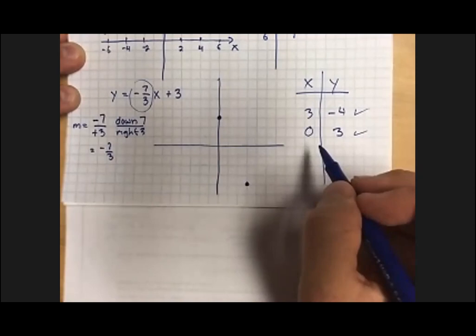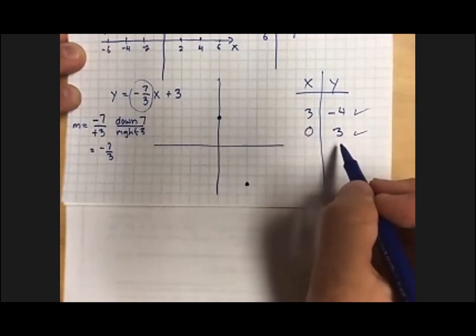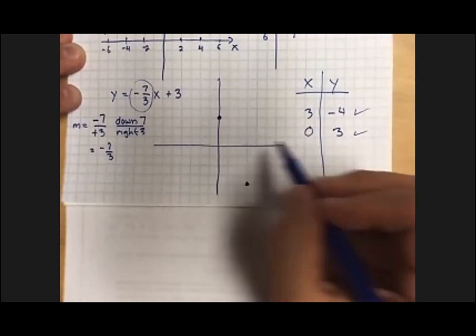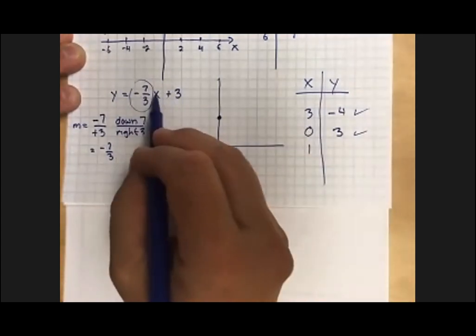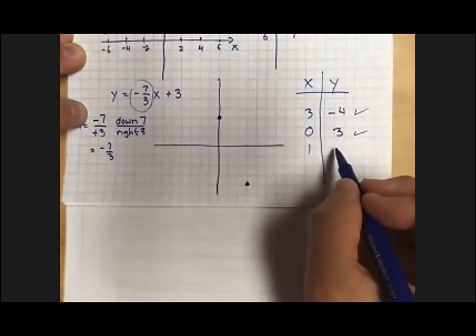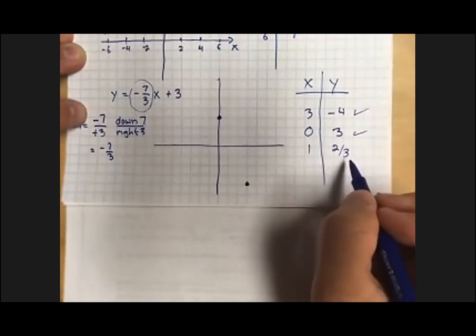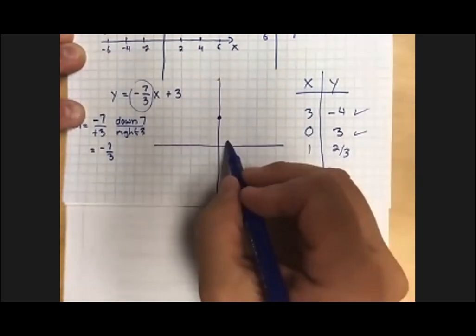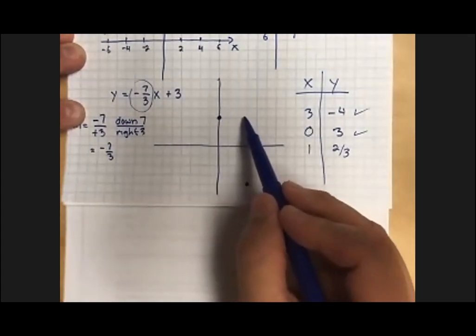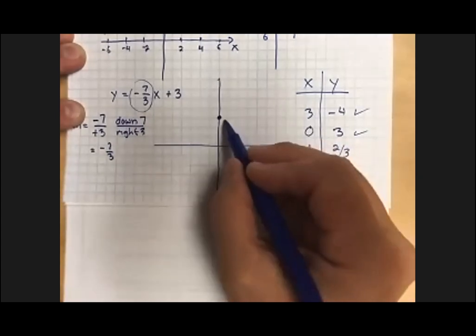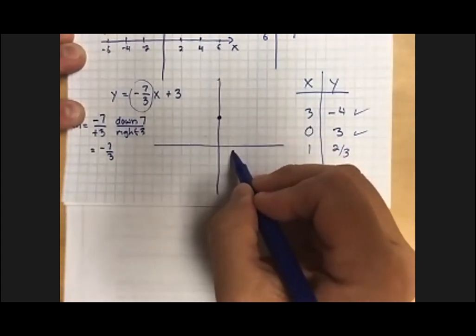Yeah, but now I don't want to plug in numbers like 1 and try to figure out what 3 minus 7/3 is. I mean, I could figure it out if you gave me a second, 2/3, but I don't want to graph 1 and 2/3. You know what I want to do is graph the half points. If I go over 3 and down 7, then halfway would be going over 1.5 and down 3.5.